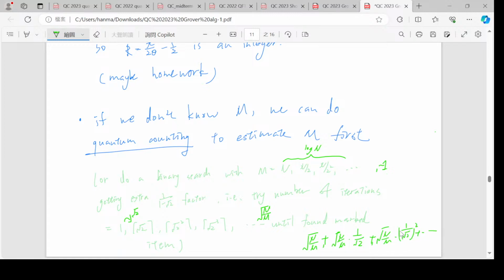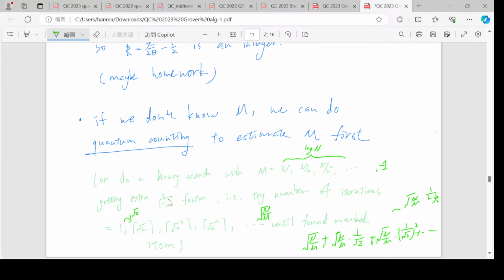Then it's a geometric series with a factor of 1 over square root 2, getting smaller and smaller. And we know that even if we add up infinite terms, the sum is a finite number. So this will be about square root n over m times 1 over 1 minus r, and r is 1 over square root 2.